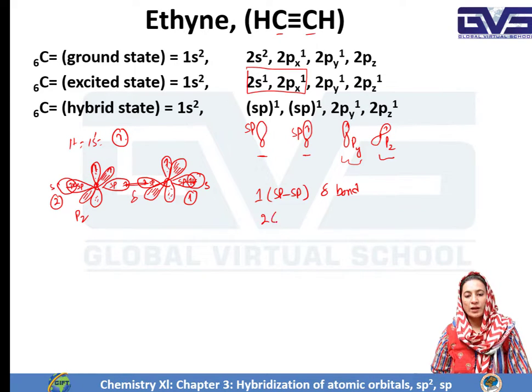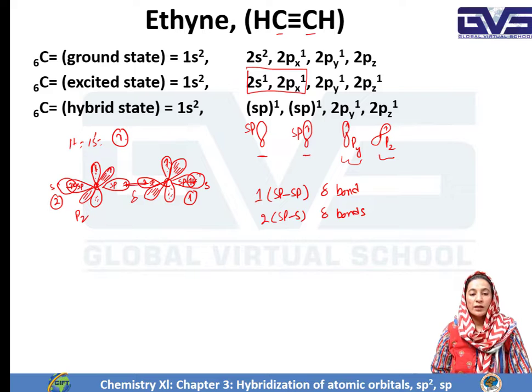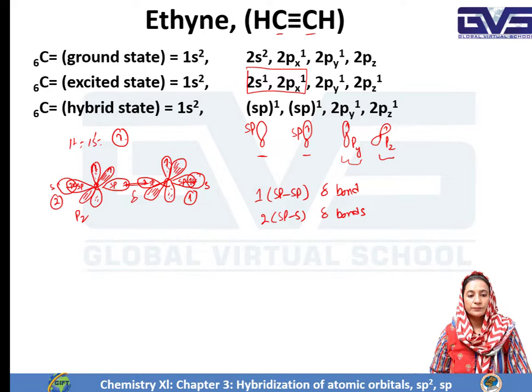So two are sp-s sigma bonds, and now there will be parallel overlapping between py and py, because they have the same symmetry.